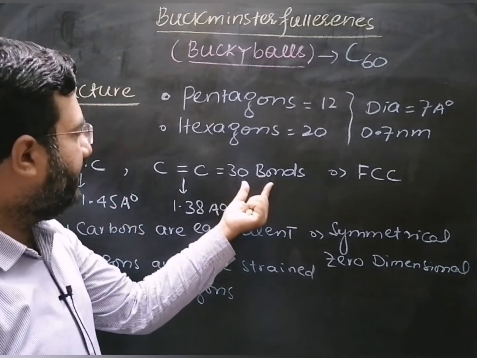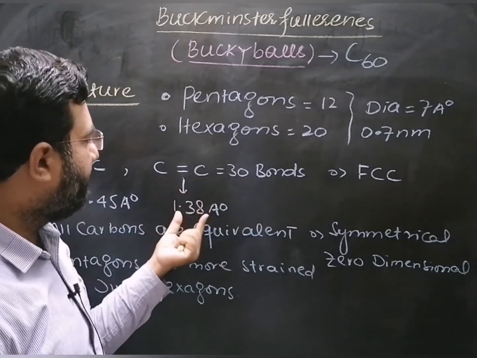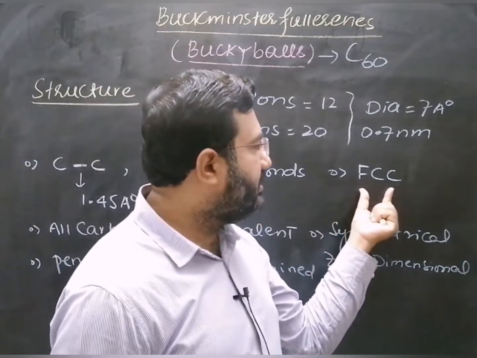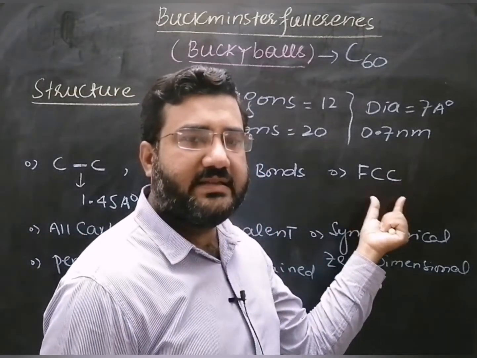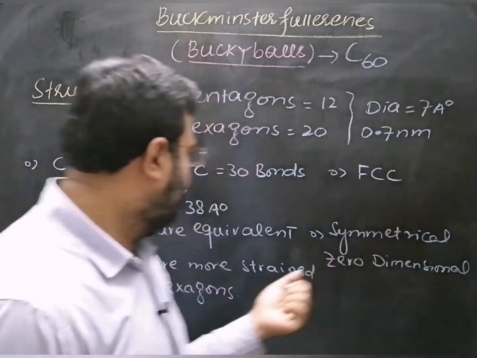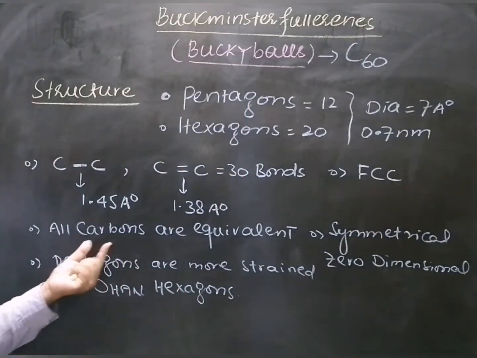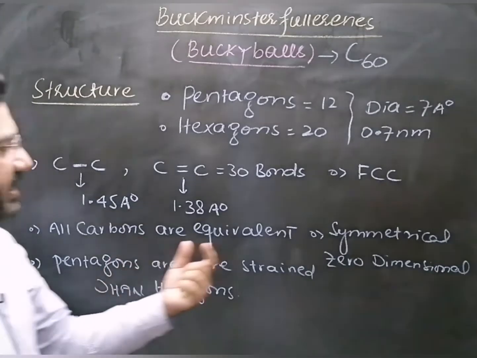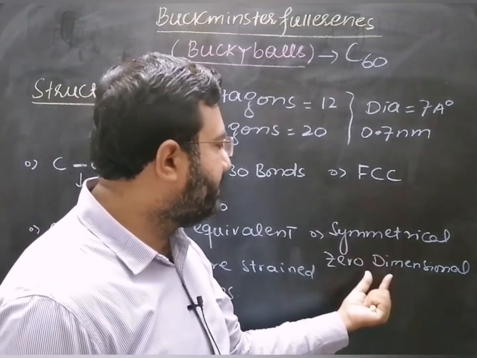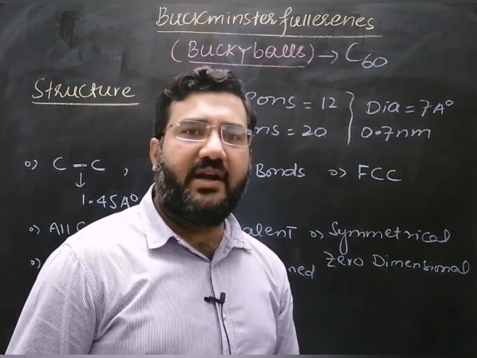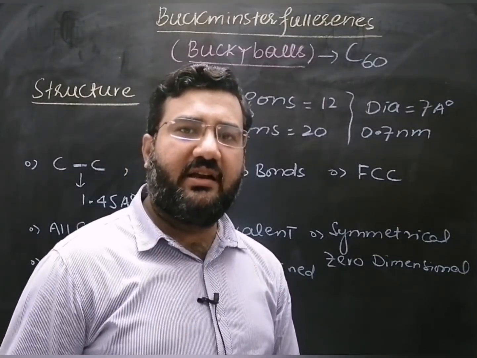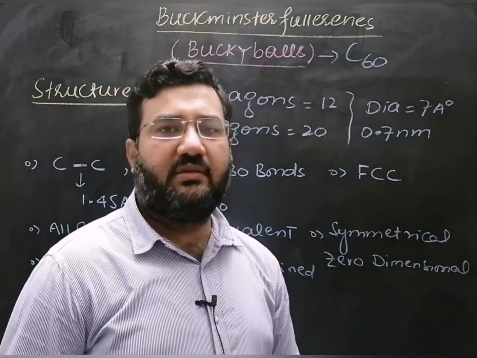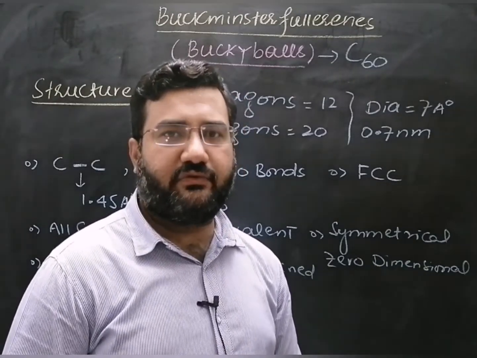There are 30 carbon-carbon double bonds having bond length 1.38 angstrom. The overall structure of the buckyballs is face-centered cubic. All 60 carbons are equivalent. They are symmetrical, so zero dimensional. And buckyballs are the largest, roundest and most symmetrical molecules discovered so far.